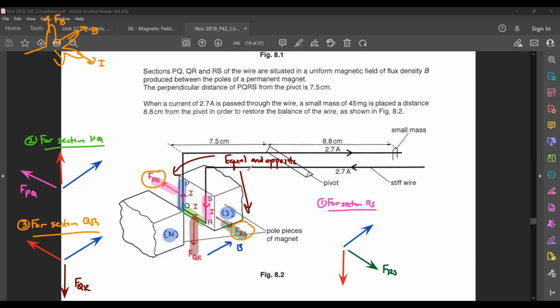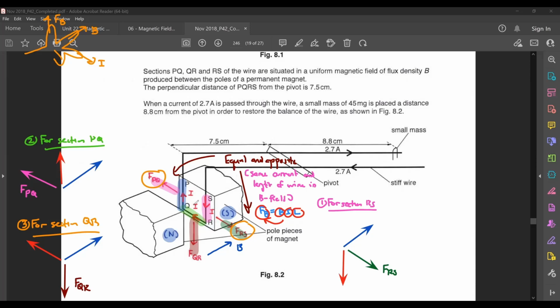The reason is because you have the same current and length of wire inside the magnetic field. Okay. If you relate it to the magnetic force on a wire equation, FB equals BIL. Since the current is the same, the length of the wire inside the field is the same, and you're also having the same flux density, it follows that your magnetic force will be the same too.